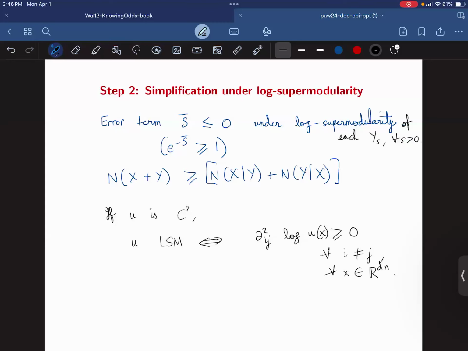Remember that Y_s was given by e to the minus s X plus square root of 1 minus e to the minus 2s Z, where Z was standard Gaussian. So this is really asking for log supermodularity not of the original joint density, but of the original joint density convolved with an independent Gaussian.